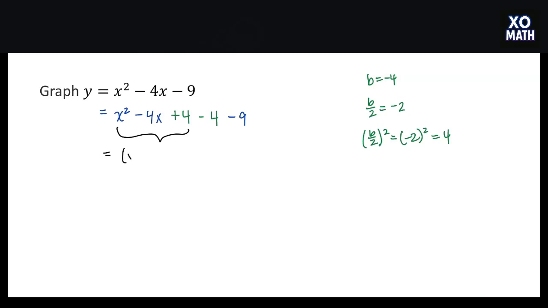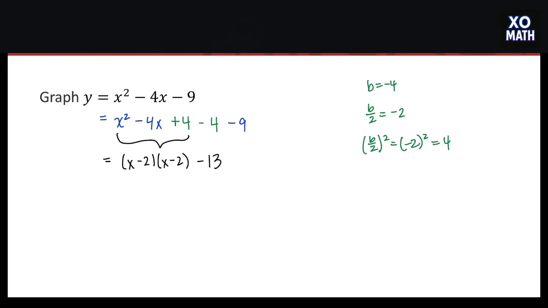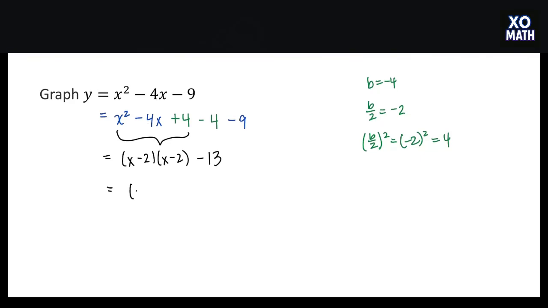So what we have here is it factors to x minus 2 times x minus 2. And we can combine -4 minus 9, that's -13, so minus 13. So now this is the quantity x minus 2 squared minus 13.